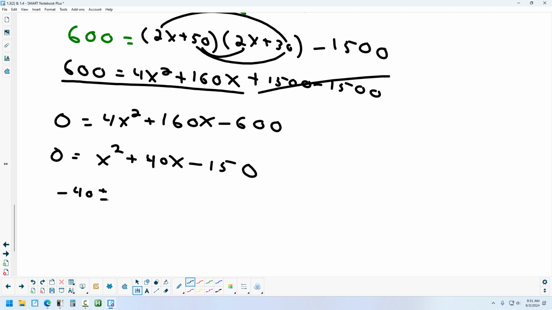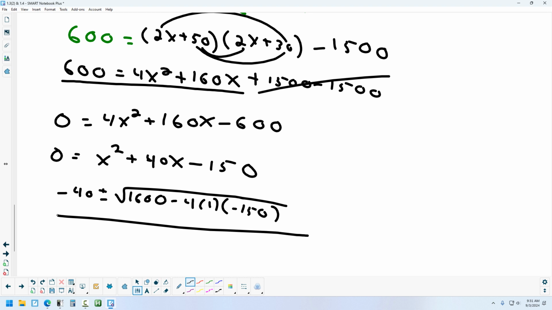So we got negative b plus or minus the square root of b squared minus 4ac, all divided by 2a. Now we're solving for the width of a sidewalk. Width is a distance.